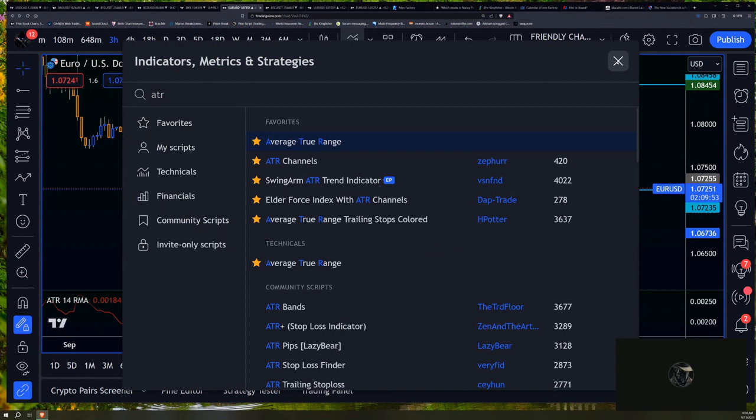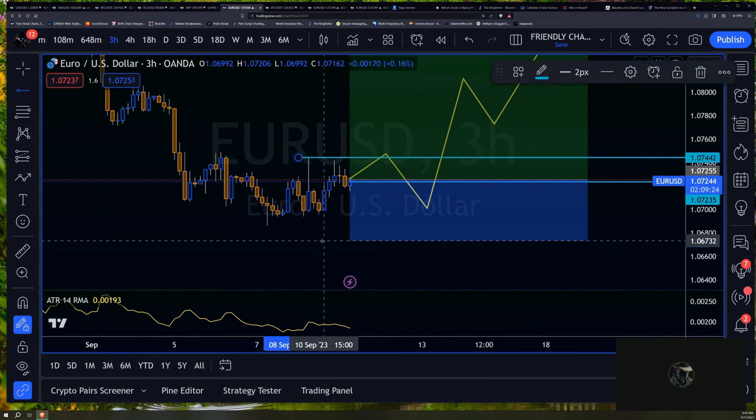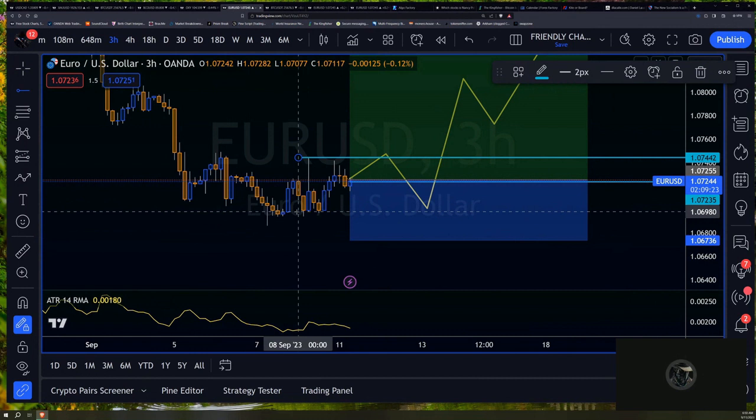Just to briefly explain that, because there's not a lot of time, the range of this big wick blue candle right here, the top of it is here, the bottom of it is here. That range is going to be from 1.06998 up to 1.07442.